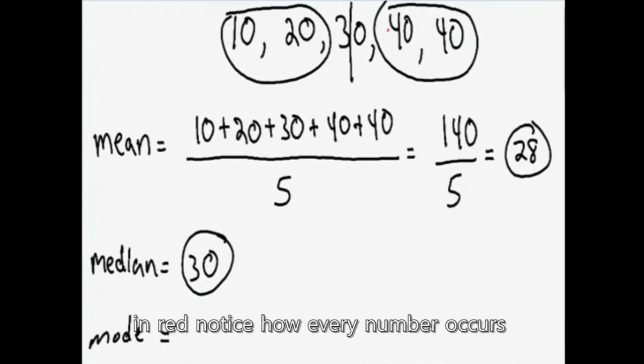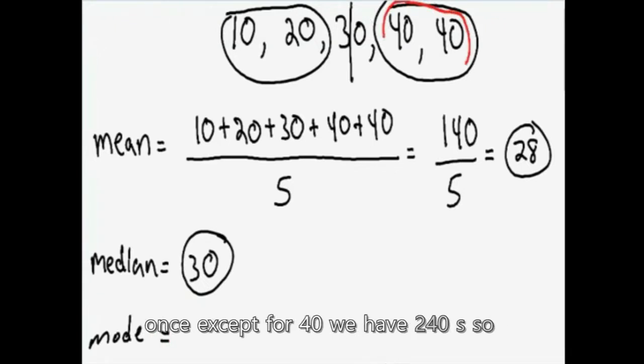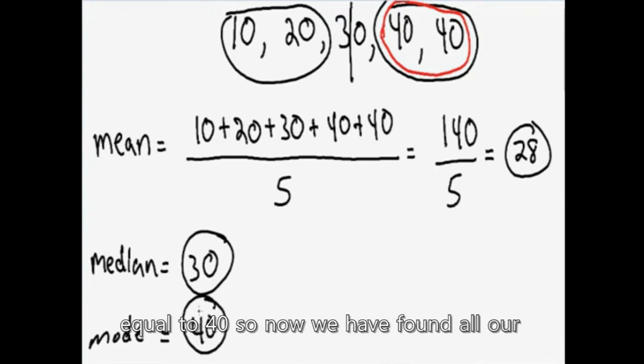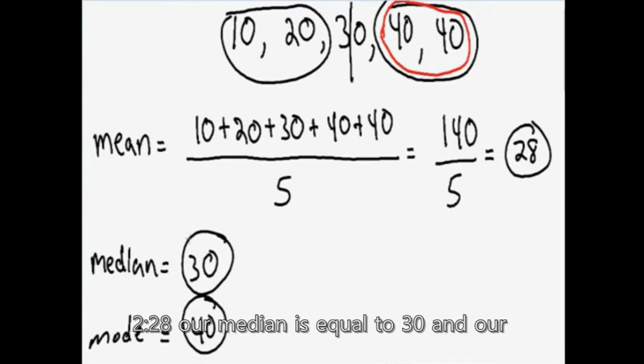Notice how every number occurs once except for 40. We have 2 40s. Because 40 occurs the most, our mode is equal to 40. So now we have found all our measures of central tendency. Our mean is equal to 28, our median is equal to 30, and our mode is equal to 40.